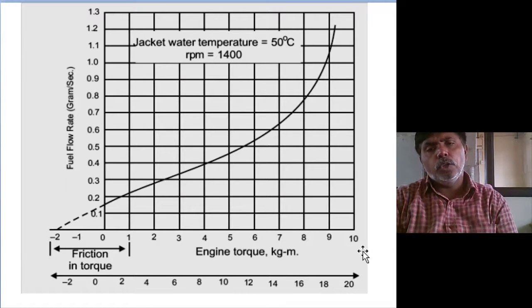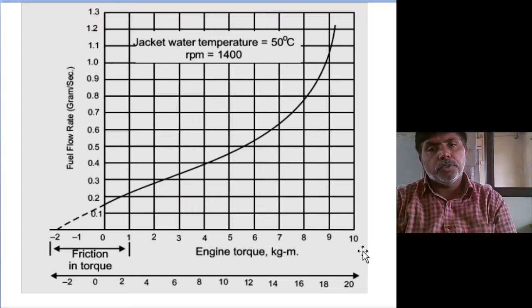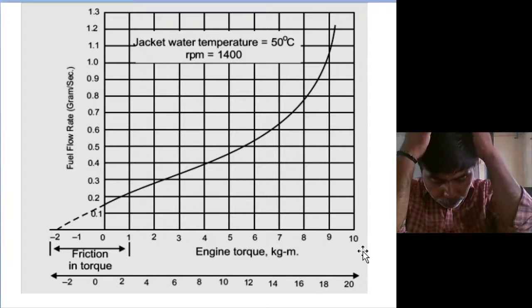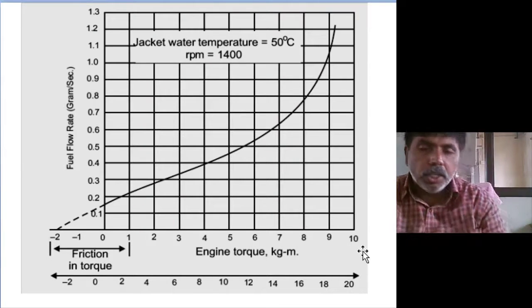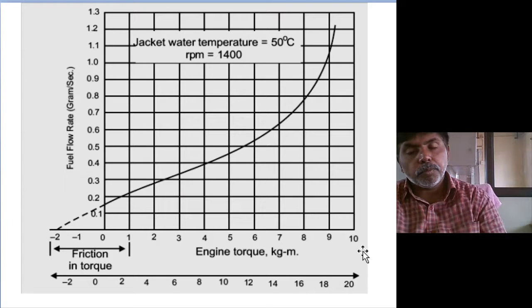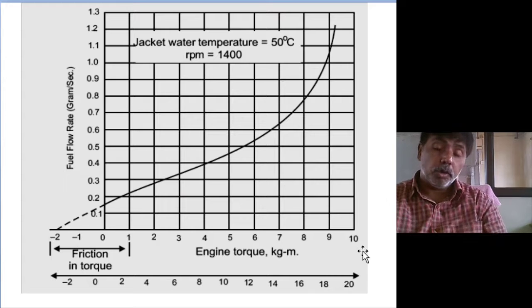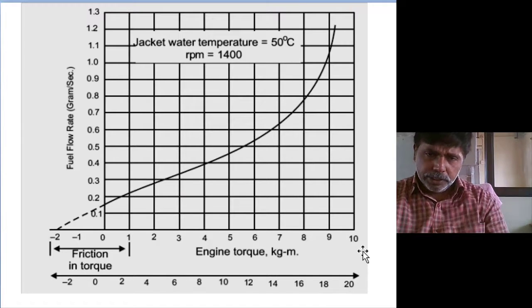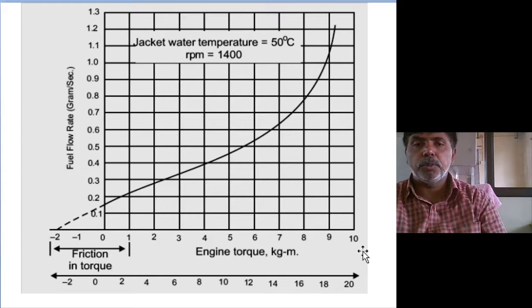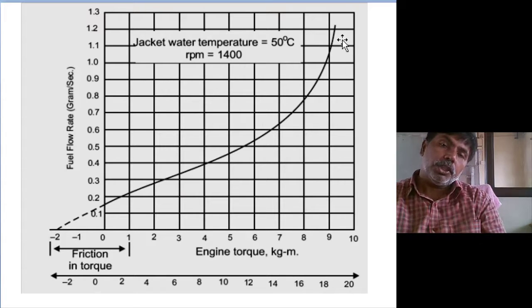At different loads, we get different brake power outputs and different specific fuel consumption. We plot those points, maybe 5, 6, 10, 100 or 200 points, and join them with a line.